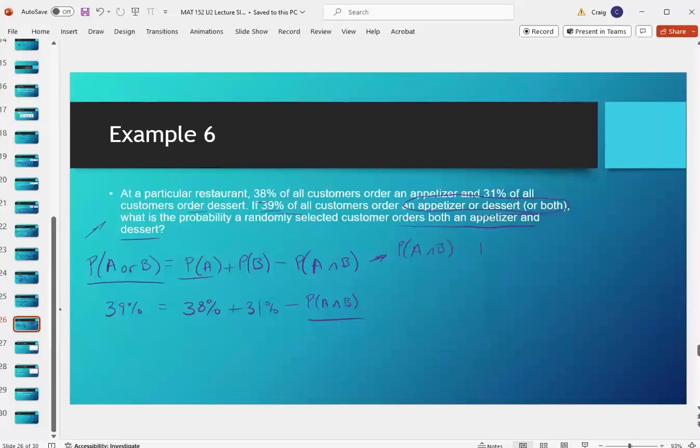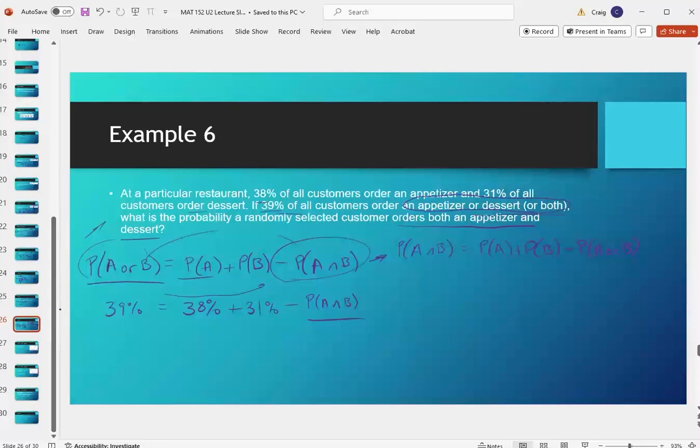And on the other side, it will look very similar: the probability of A plus the probability of B minus the probability of A or B. This is just rearranging the equation. We would move this piece to this side, this piece to the other side. Algebraically, when you switch those out, their signs flip. This one becomes positive, that one becomes negative.